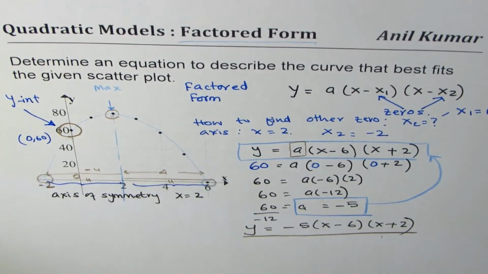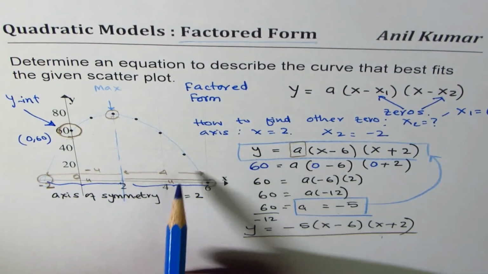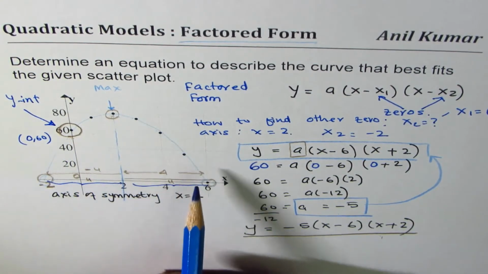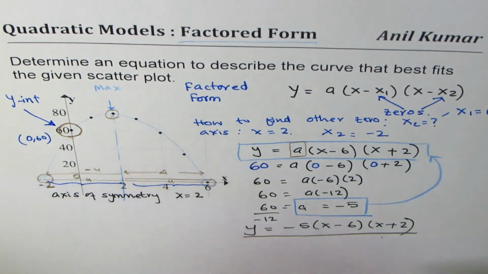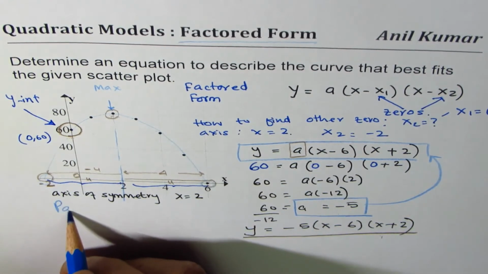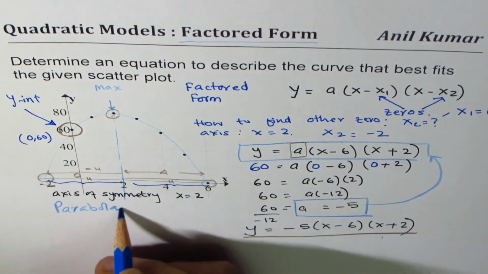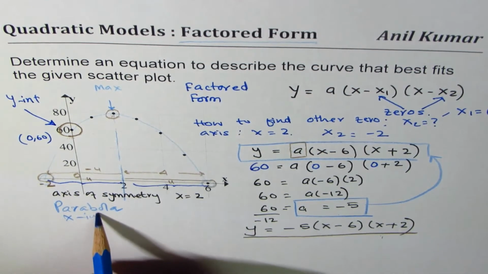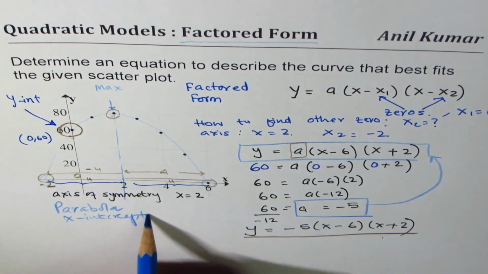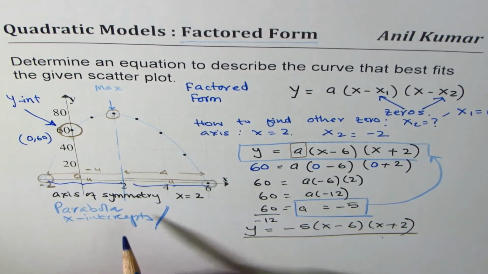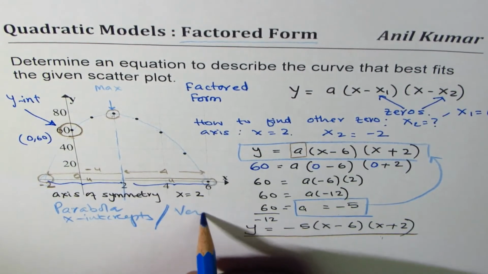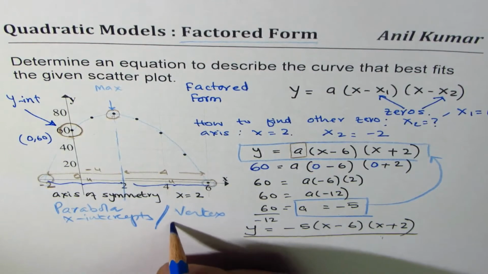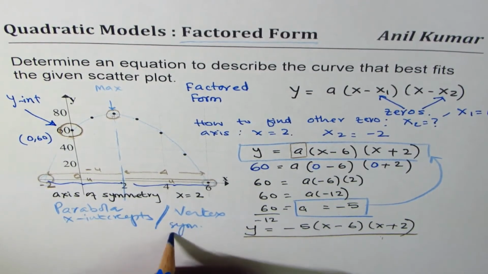I hope the steps are absolutely clear. The first step is to check if these points represent a parabola. If it does, then we are looking for x-intercepts. We found x-intercepts with the help of the vertex and symmetry.